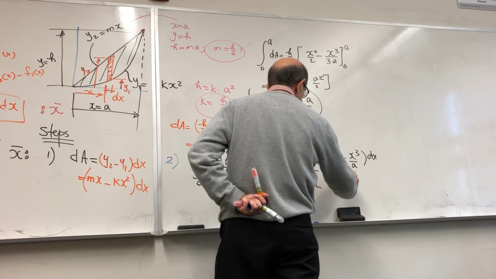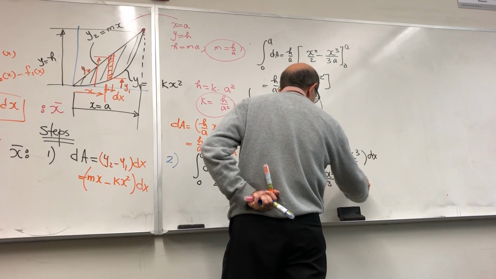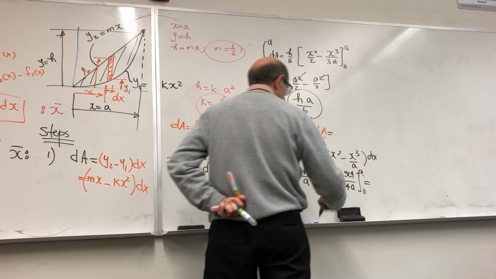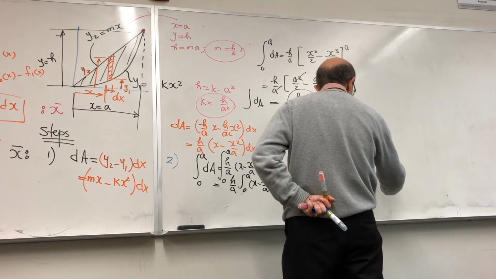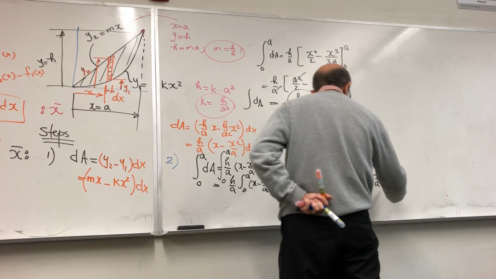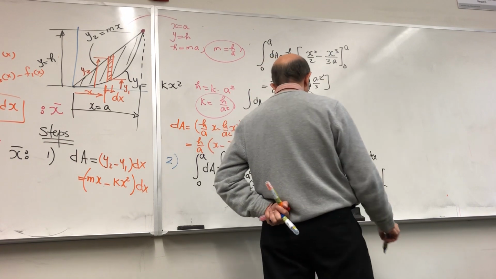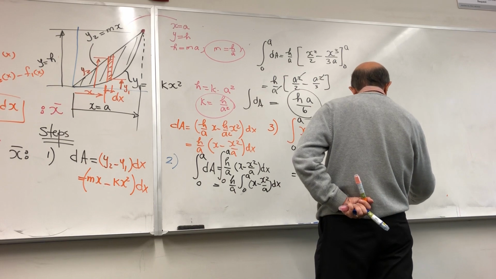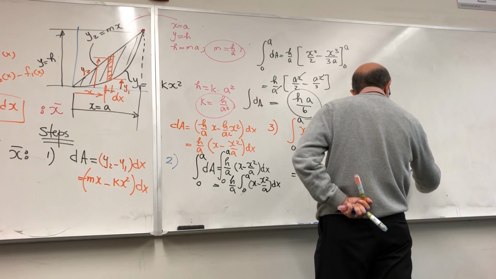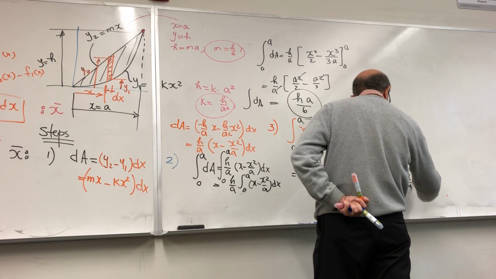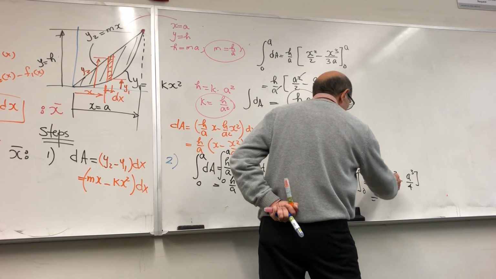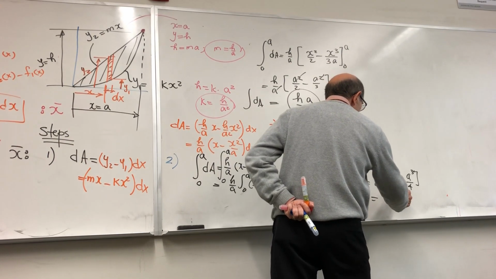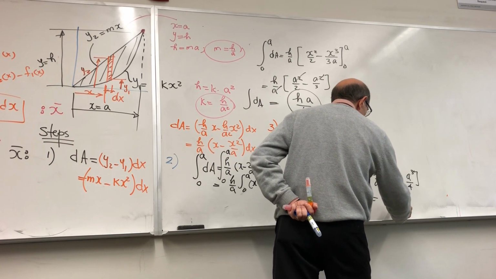If you do that, you get h over a times x cubed over 3 minus x to the fourth over 4a, from 0 to a. So you have h over a of a cubed over 3 minus a cubed over 4. If you simplify this, this a cancels out with one of these, so you get h a squared over 12.